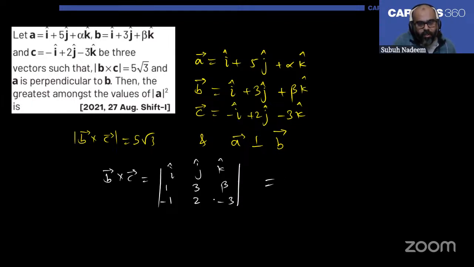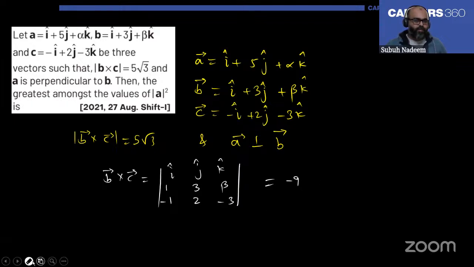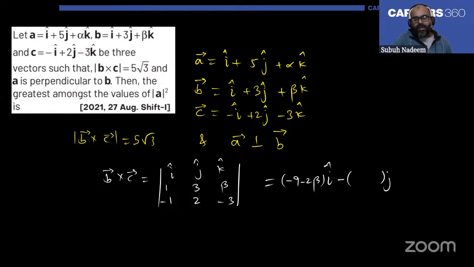And this will become minus 9, minus 2 beta, i cap, and then minus j cap, and there is the term here, minus 3 plus beta. And then we have k cap, and it is 2 plus 3, 5. So this is what we are getting here.